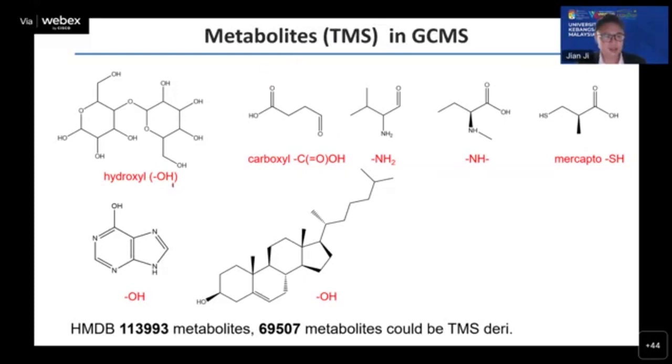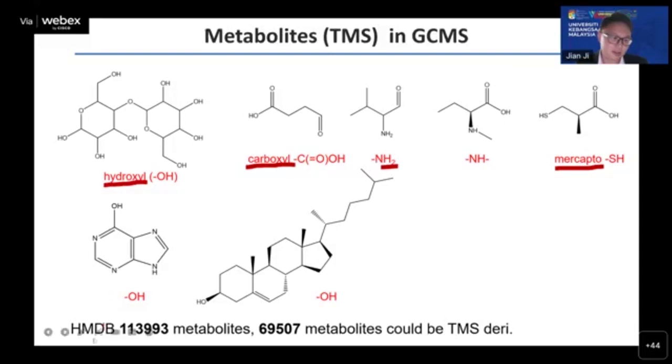If a metabolite needs to be TMS derivatized, it should have functional groups like hydroxyls, carboxyls, or mercaptos, or amines. These kinds of functional groups can be derivatized by TMS.